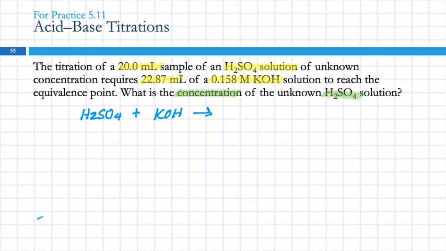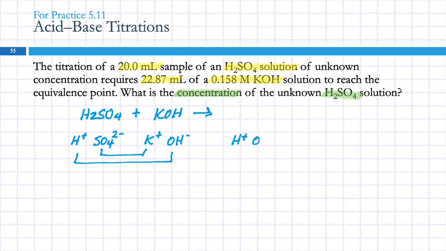So it's a good idea to write the ions with their charges down below, just to make it a little easier on yourself. What we're doing is we're swapping partners and seeing what happens. So we're going to have H+, we're going to have hydroxide ion, and we're going to have K+, and we're going to have sulfate ion.